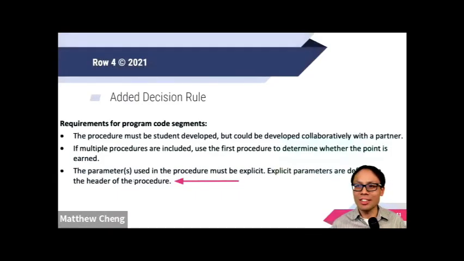In the 2021 edition, they added one more line there, which is going to lead us into row 6 in a few moments. So this third bullet point says that the parameter used in the procedure must be explicit, which I think was the original intention of the College Board. They wanted the parameter to be explicit, being passed in. Explicit parameters are defined in the header of the procedure.